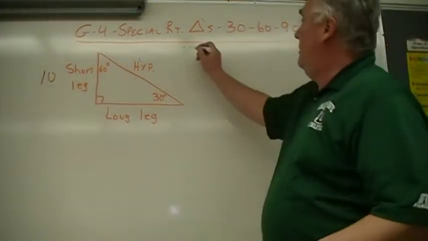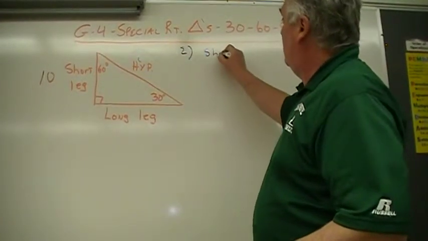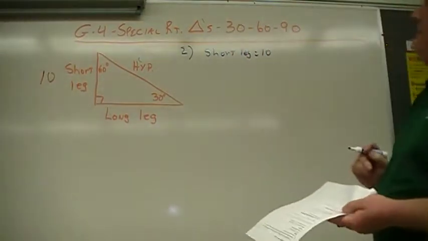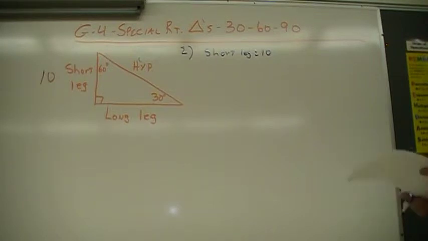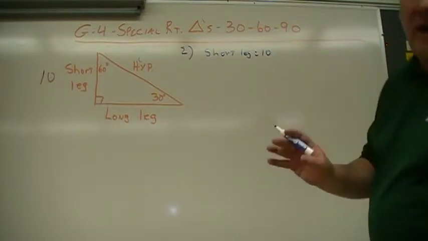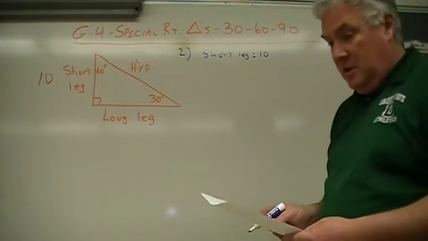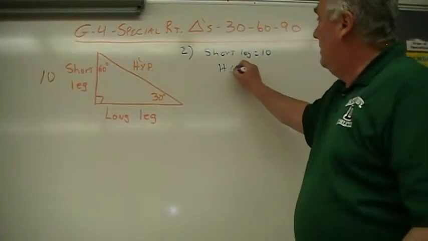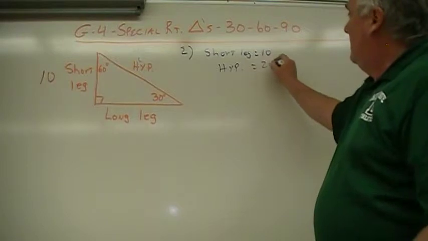So for number 2, the short leg is 10. So let's go back to our rules. Apply the rules to the situation. Hypotenuse is twice the length of the shorter leg. So it's 20.